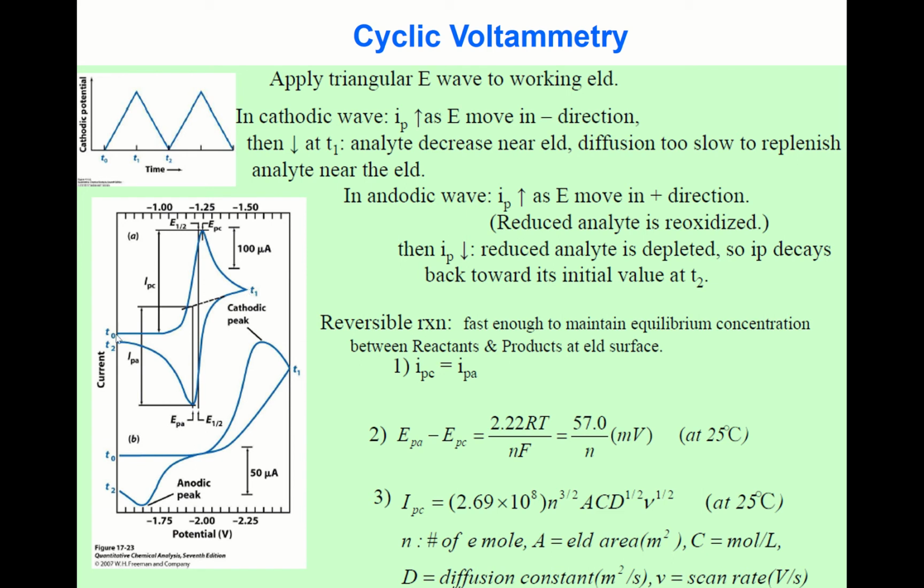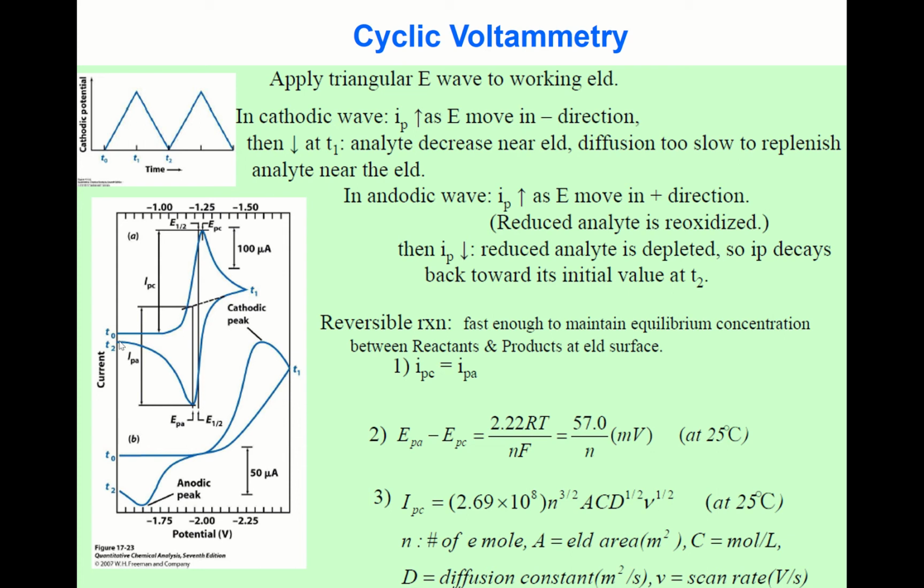the original potential, and then here, since you're scanning back, you observe the current of different direction. Since reduction takes place here, and then here you scan back, this observed current is oxidation current. Okay, this reduced species now begins to oxidize, yeah?